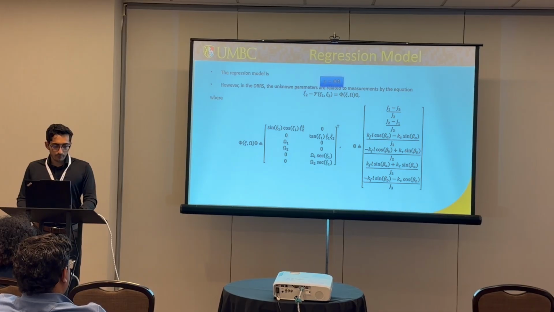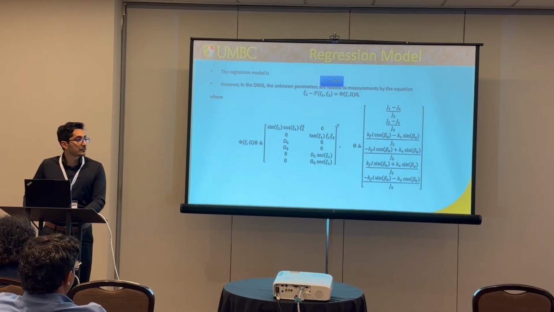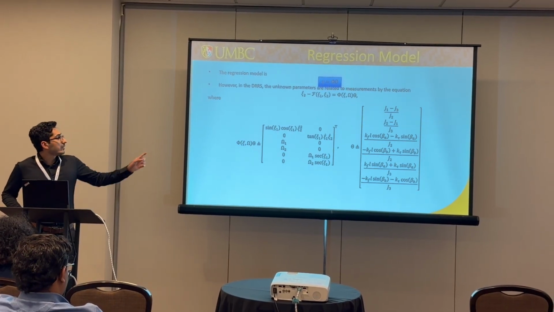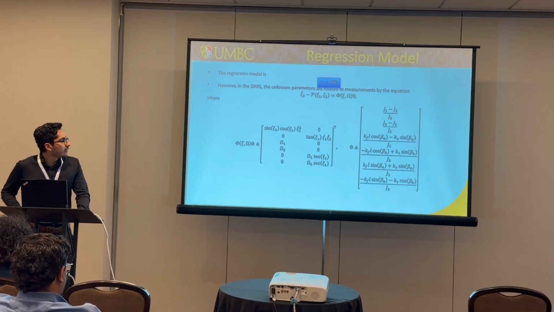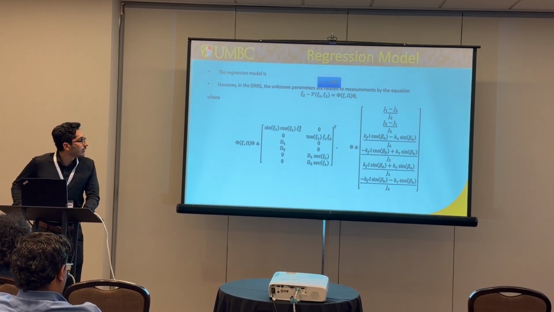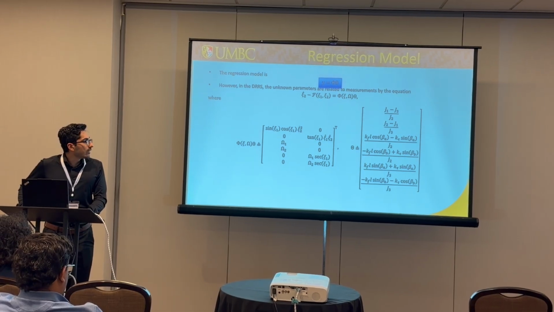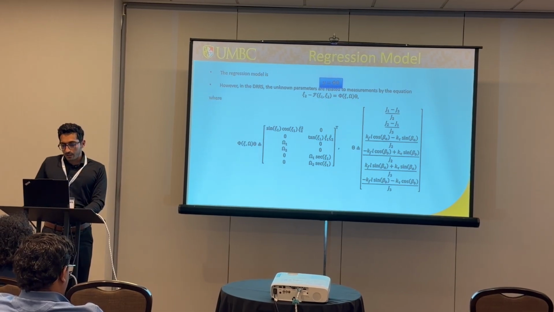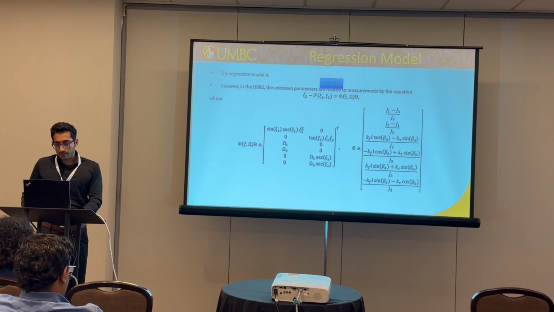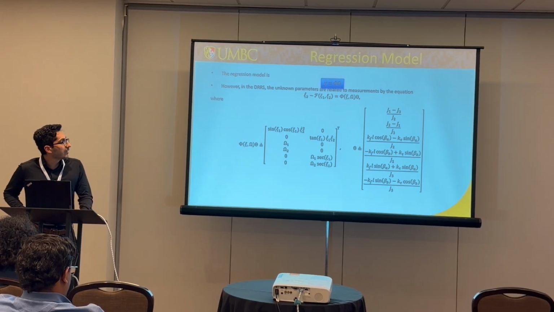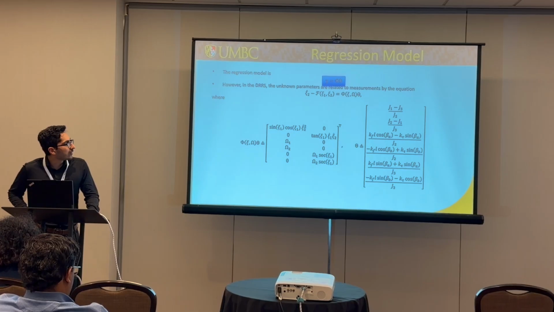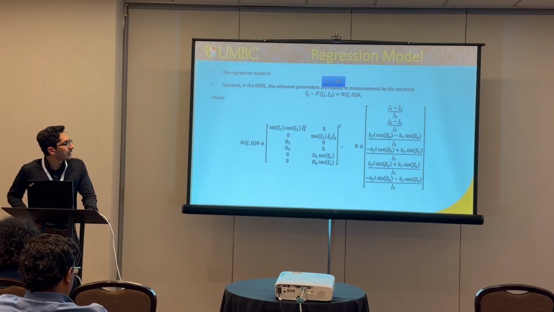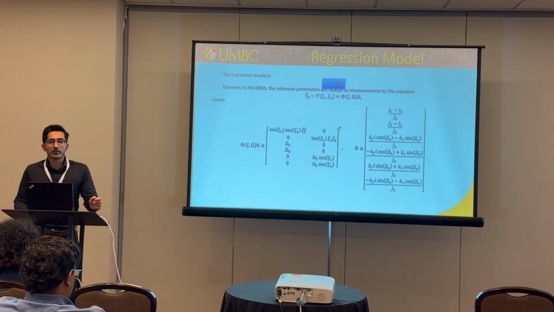As you can see, we can write phi as shown here, and it is constructed only with the states of the system and also inputs, and there is no element of the unknown parameters. We also have the theta vector on the right, which is constructed with unknown moments of inertia, the motor parameters, and also the angle of the rotors.